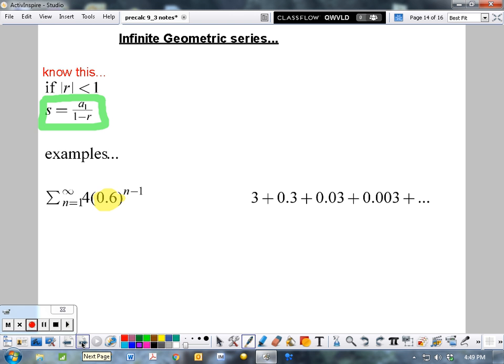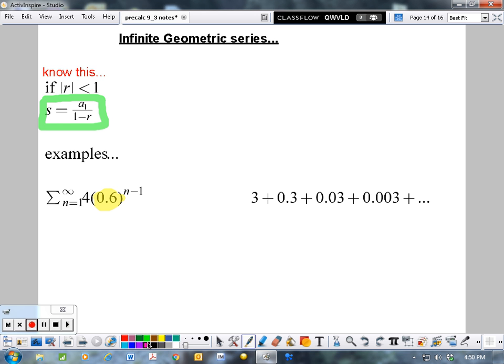Infinite geometric series. A finite series is nice because you only have so many terms. But if my terms get bigger and bigger in an infinite series, the sum is just going to keep approaching infinity. If my numbers get smaller and smaller, then it's actually going to approach a certain value.